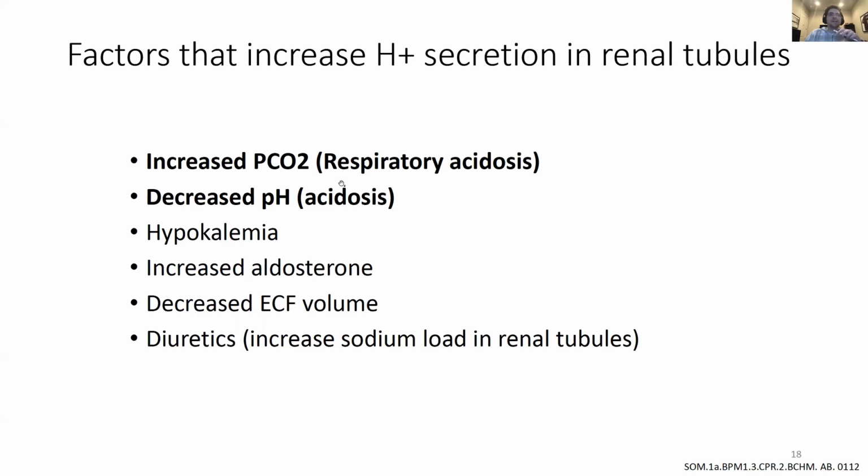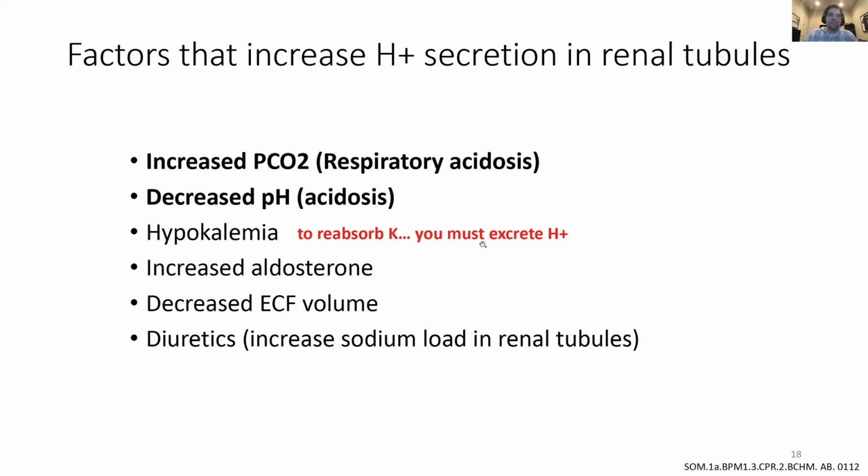Okay, so some of the things, obviously, that if you're going to want to increase acid secretion or pee it out, these are going to be the problems. So we talked about respiratory acidosis. You want to compensate by peeing out acid. Decreased pH, again, acidosis, you're trying to get rid of it. Hypokalemia is one of those tricky ones. Remember that, like with aldosterone, when you keep sodium in to keep water in, you're kicking out potassium.